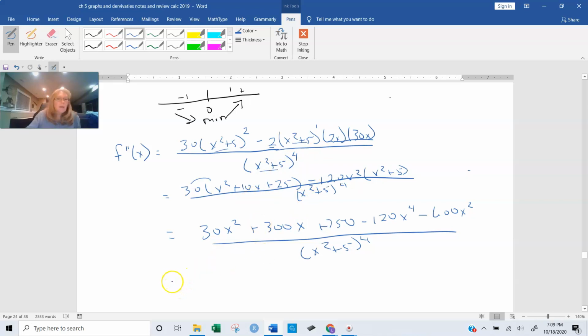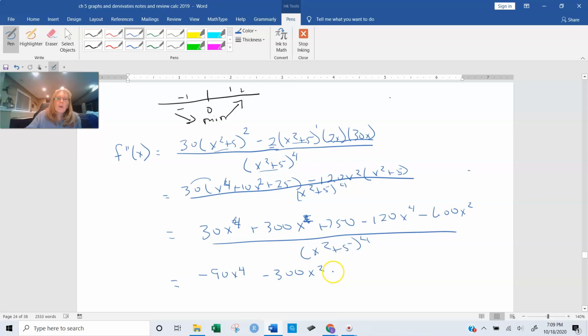Now when we do this, this reduces us down to negative 90x to the 4th minus 300x squared plus 750. Oh, this is x to the 4th, and this is x squared.